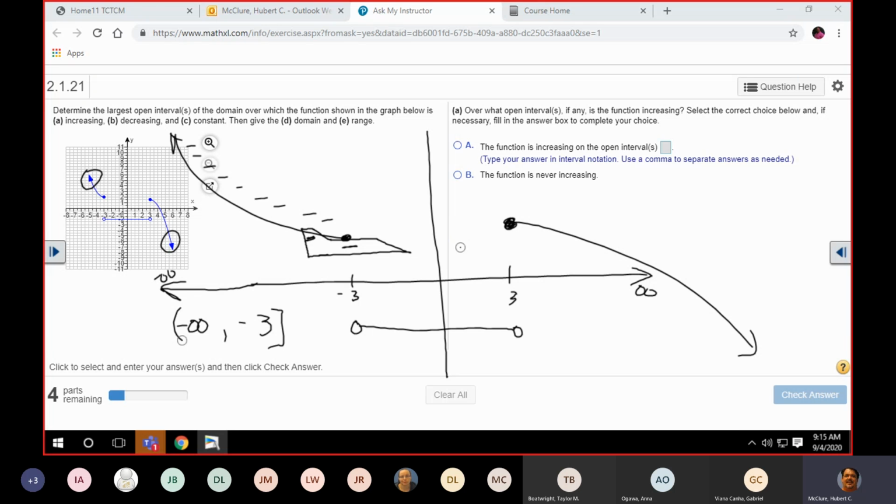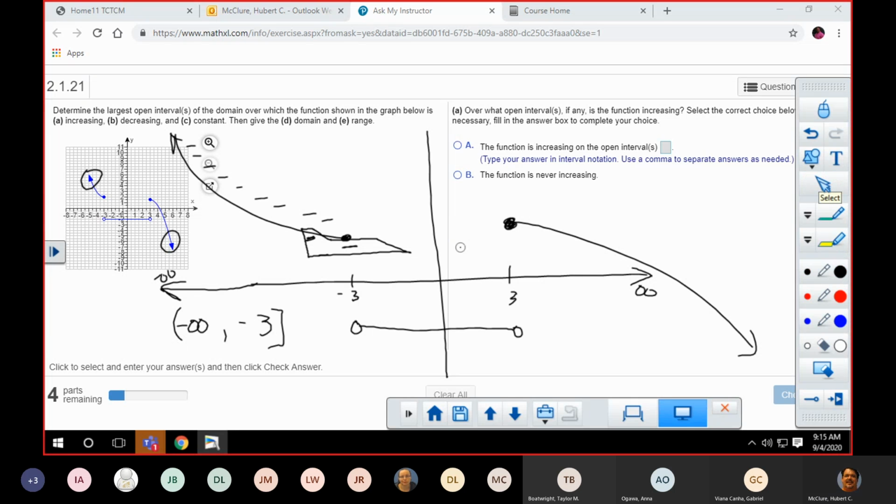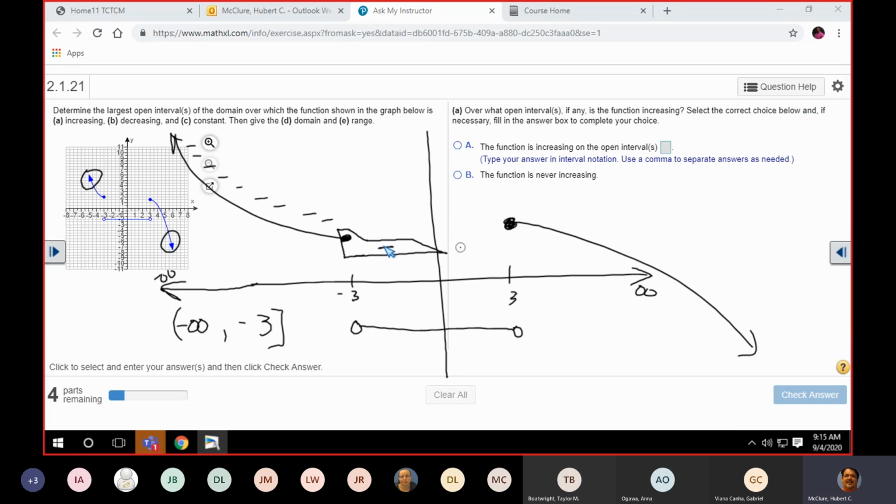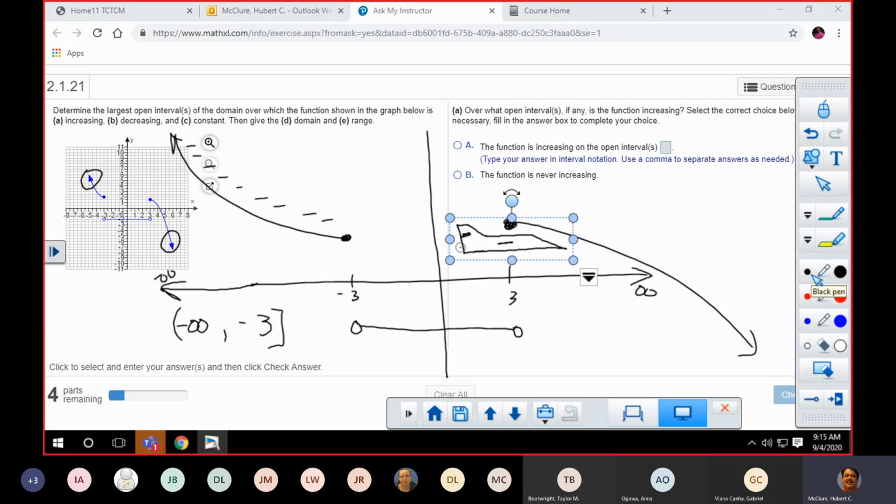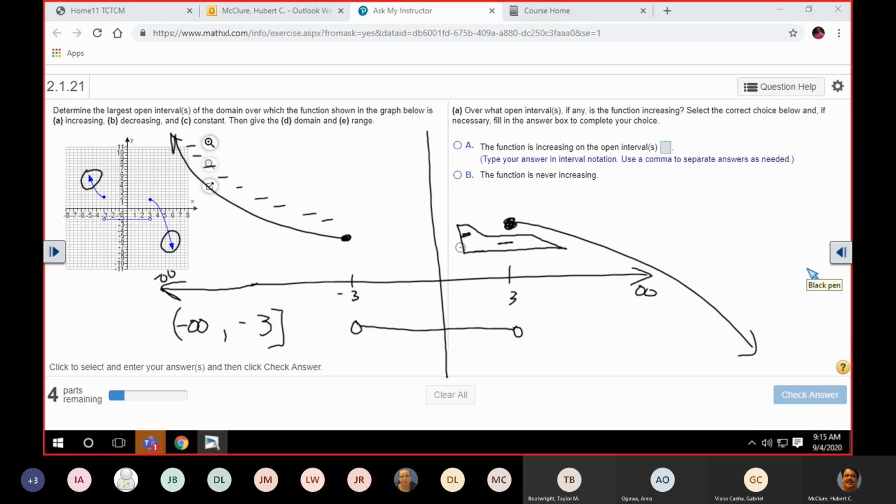Now let's look at the plane again. What's that plane doing from -3 to +3? Not doing anything. So it stays constant from -3 to +3.